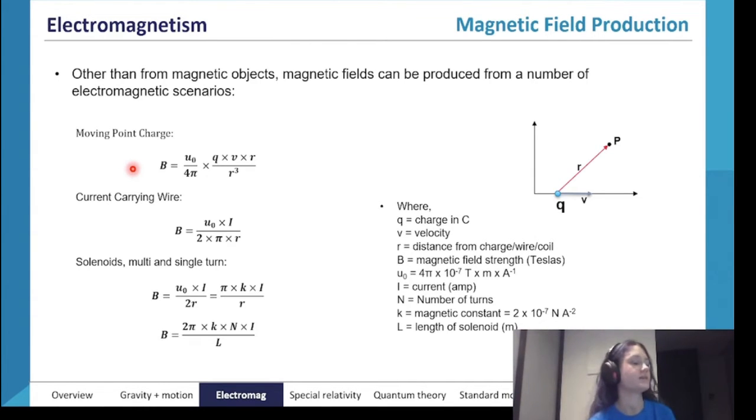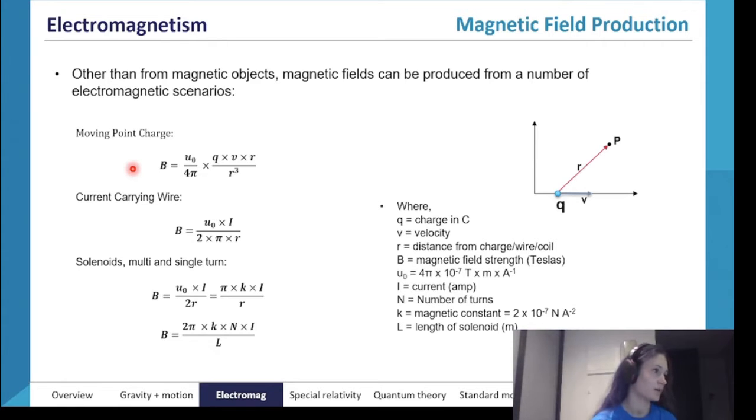Magnetic field strength is equal to mu naught, which is the permittivity constant, and that is also in your formula sheet, divided by 4 pi, multiplied by Q, which is the charge on the point particle in coulombs, multiplied by the velocity of the charge, multiplied by the radius, the distance from the charge, wire or coil, and then divided by r cubed, sorry.